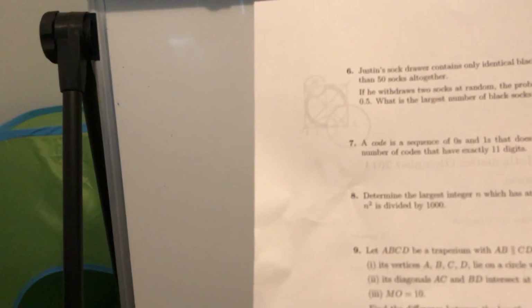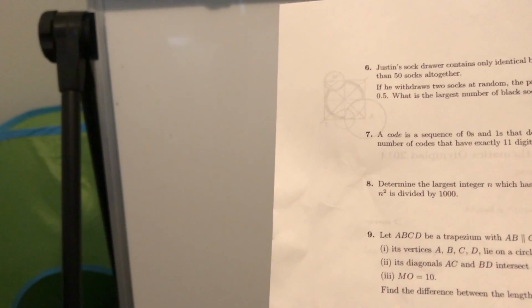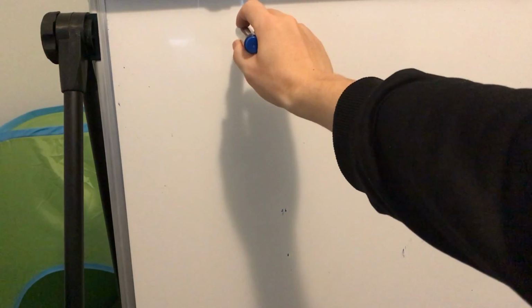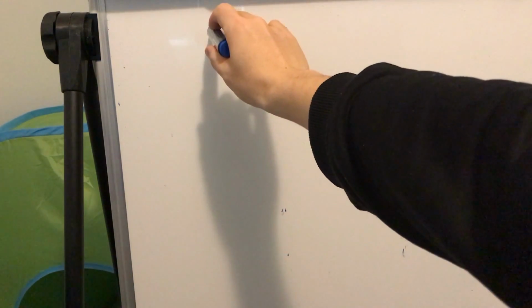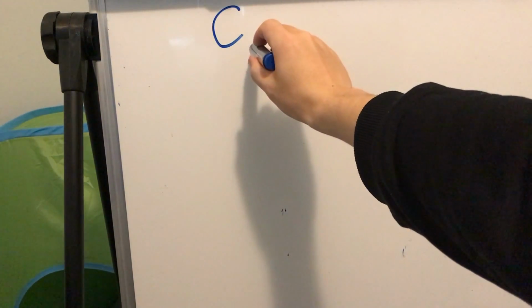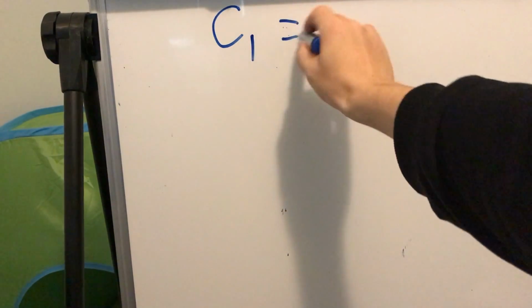Okay, so it's good to note that 11 is not very special. It's just something that's big enough to be inconvenient. There's no reason 11 is really related to the 3. What we could do, and what I think basically everyone will do when they start this problem, even if they have a good way of doing it in the end, is to see how many 1-digit codes. So let's call C1 the number of 1-digit codes.